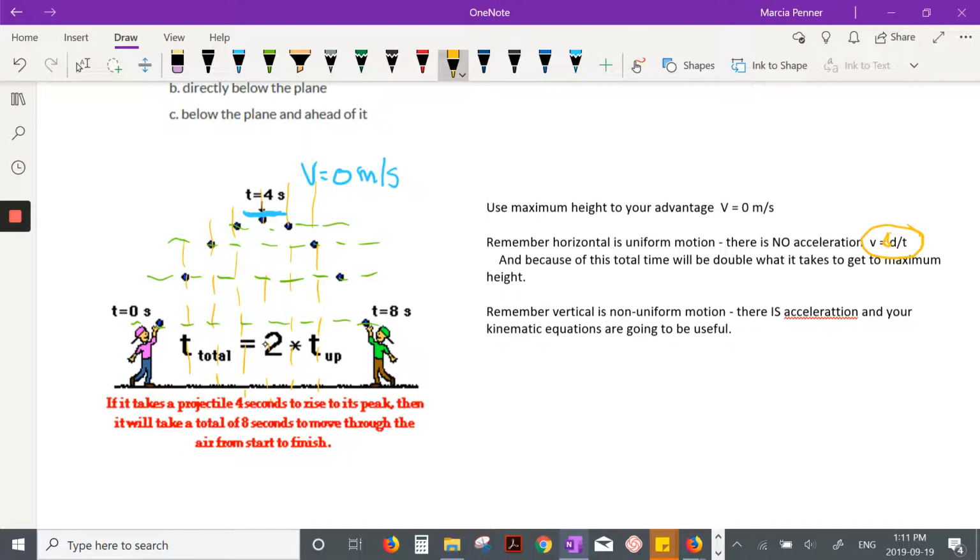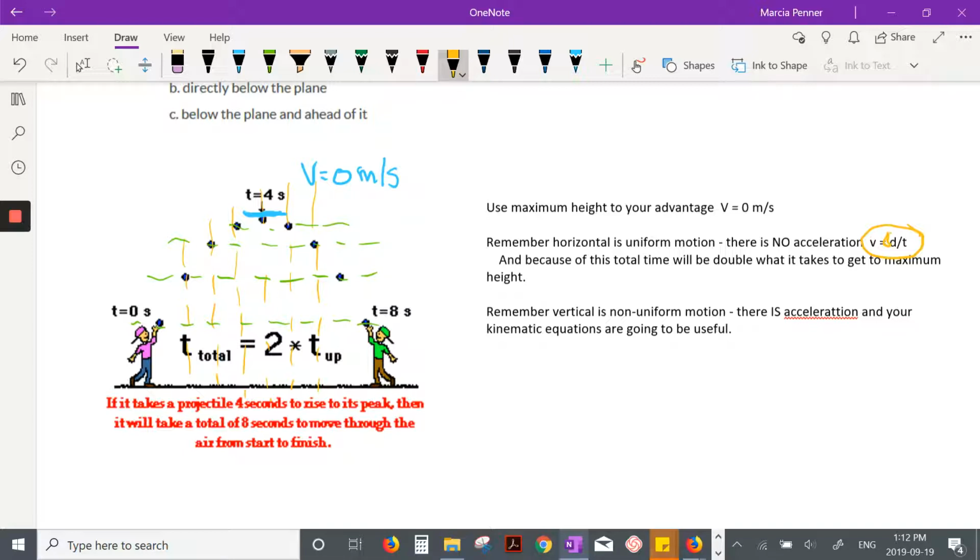And if you can figure out that, you can figure out the total time by multiplying by 2, or vice versa. You might have information that gives you the time for the second half, where it drops from maximum height to the ground. And to find the total amount of time, you'll multiply it by 2.